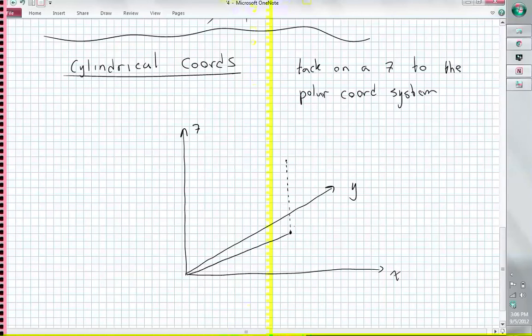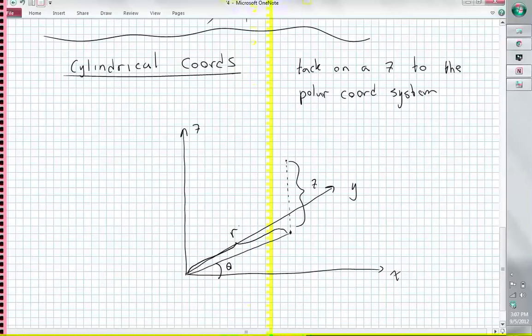This distance above the XY plane is the Z coordinate, so no change there. Theta is here, and R is this distance here. I hope that's not too hard to visualize.